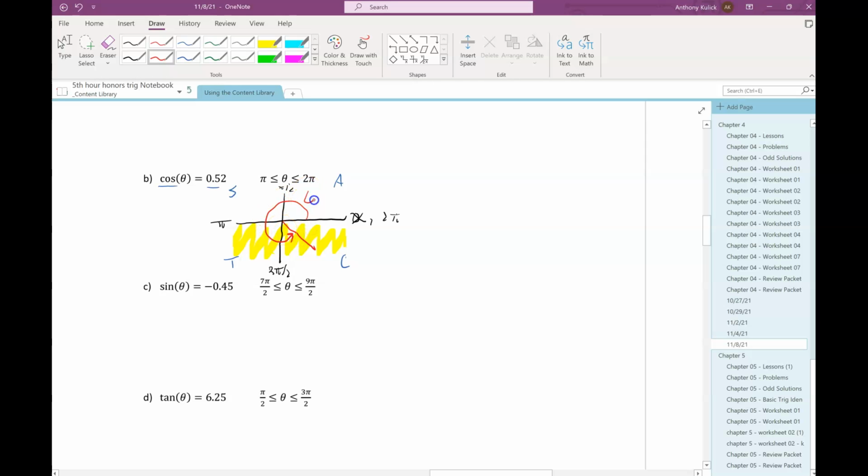So this is my angle theta that I'm looking for. That angle's my alpha. And theta is going to equal 2 pi minus alpha, since the last axis I passed through was vertical, and theta is positive. And the alpha in this case is just going to be cosine inverse of 0.52.